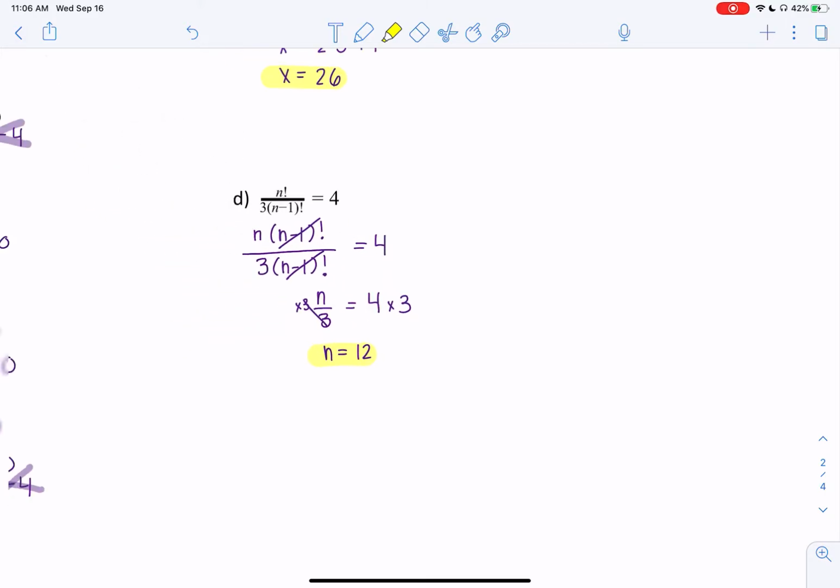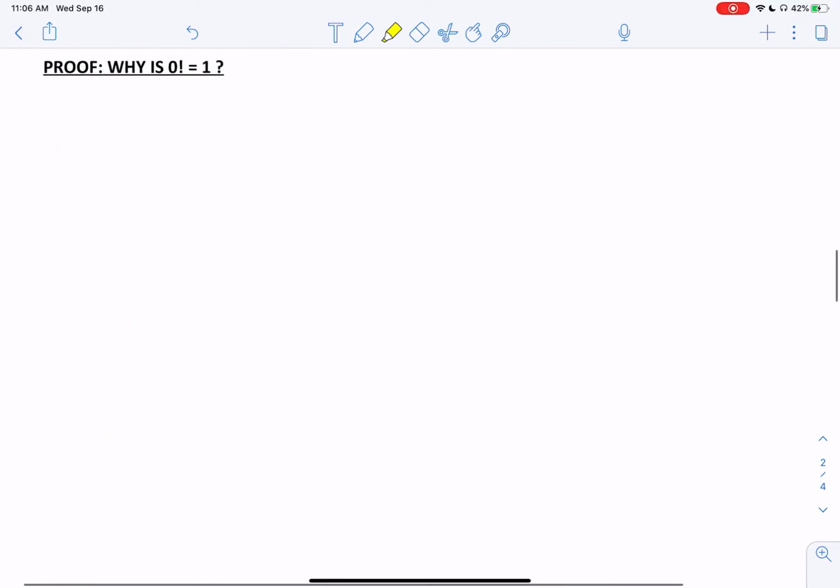Okay, the last thing we're going to do is a proof. So in your calculator, if you put in 0 factorial, you're going to get the answer 1, which seems a little strange. So I want to go through the whole process and prove to you why that happens.